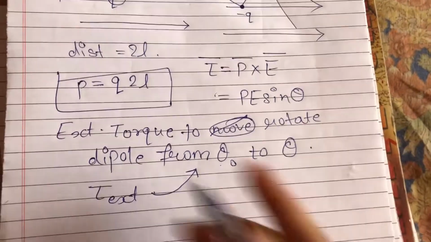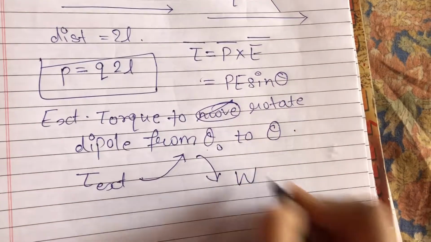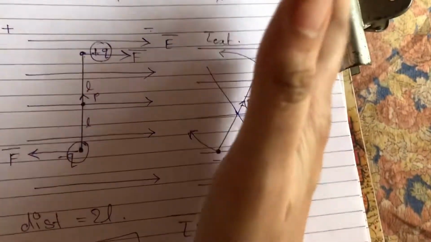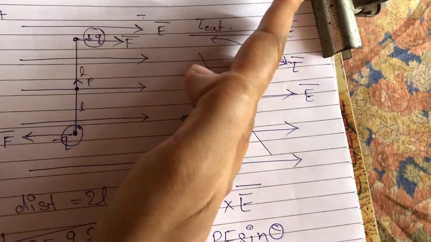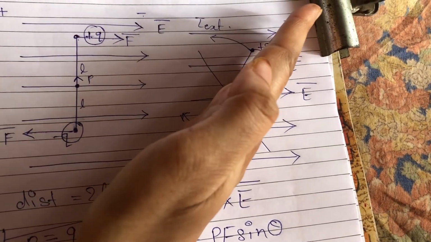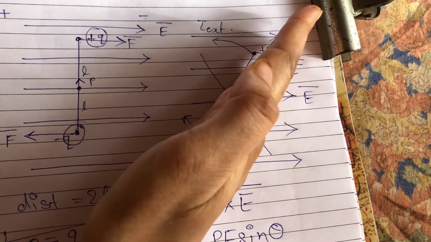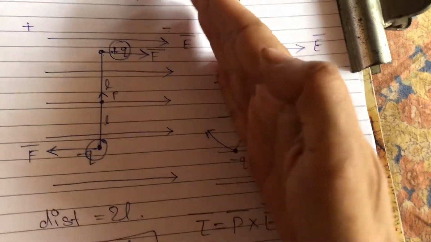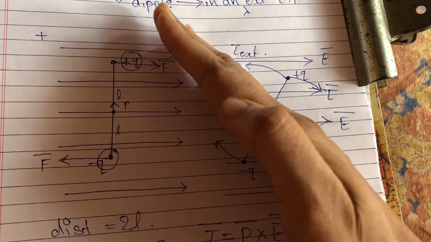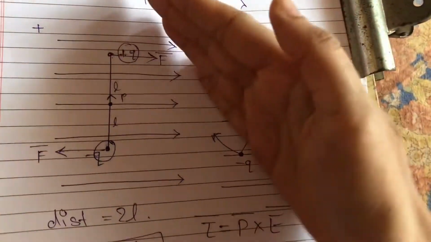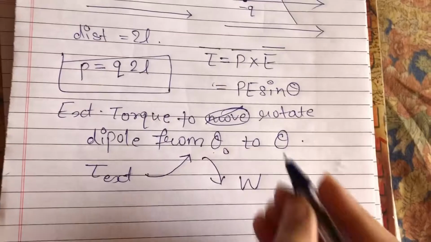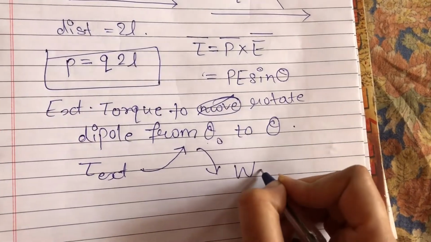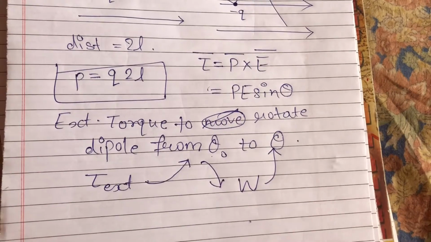Remember this. There is some work done, because the external field is taking your torque in one direction, but we have applied an external torque and rotated it in the opposite direction. So there is work done from theta naught to theta.